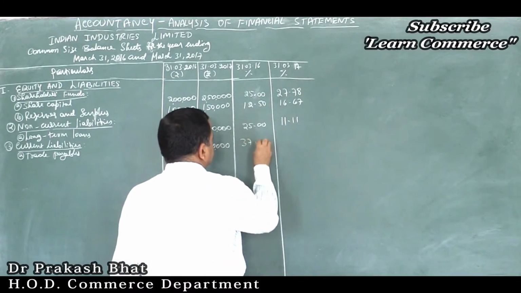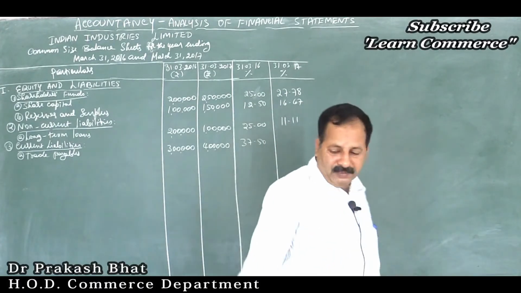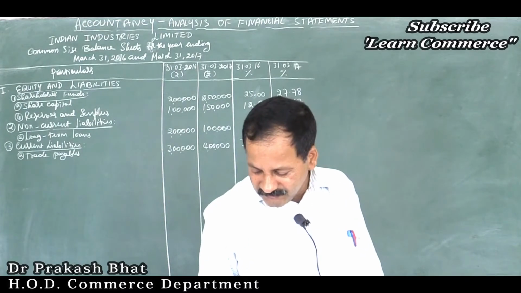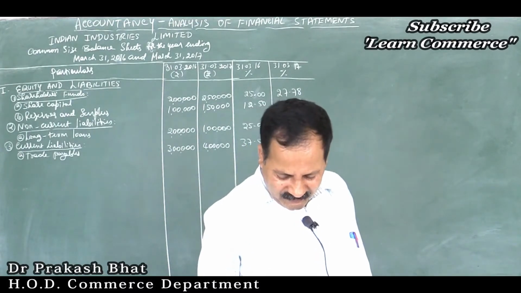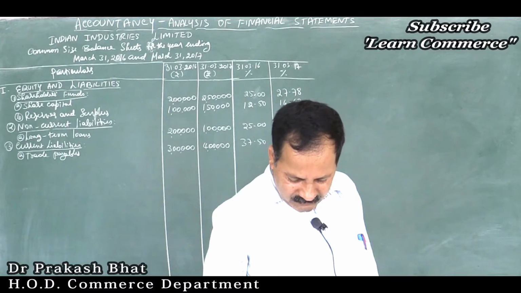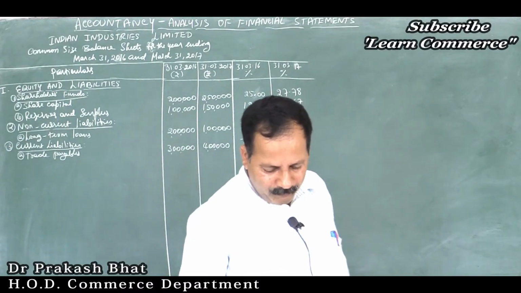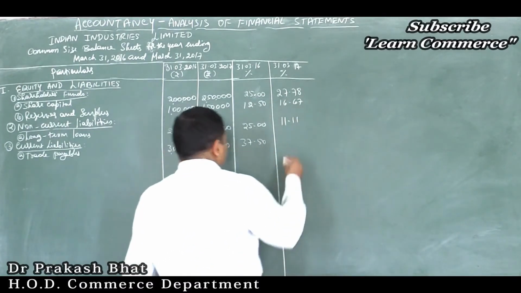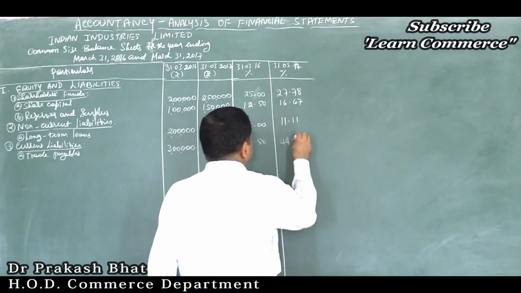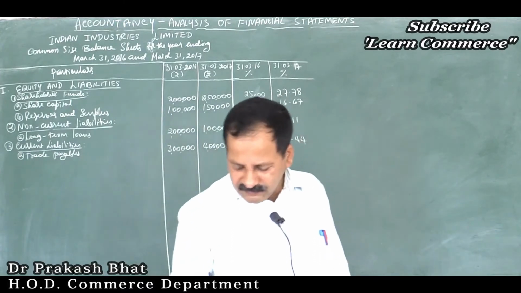Second part, 4 lakh means how much? 9 lakh means 100, so 4 lakh into 100 divided by 9 lakh is 44.44.